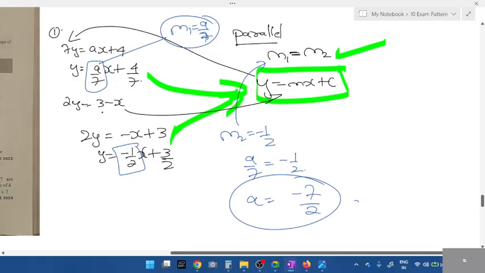From that I took m1 and m2. Is this clear? All of you understood how to solve?